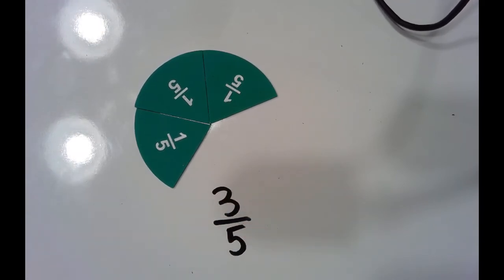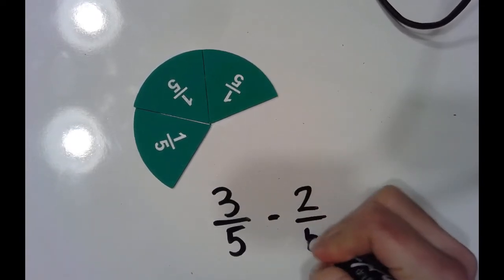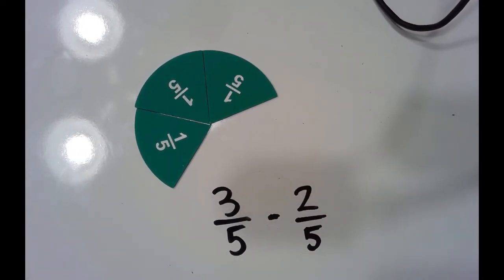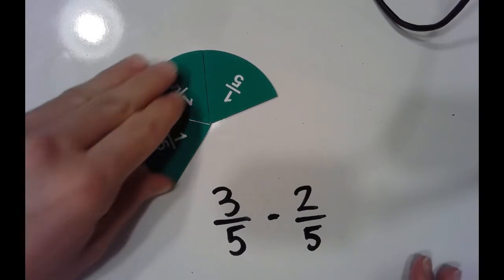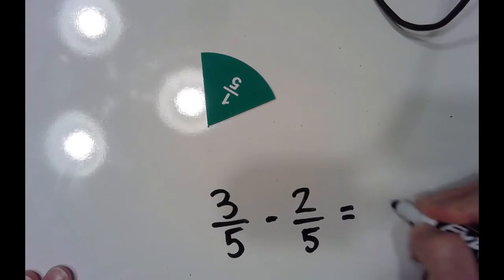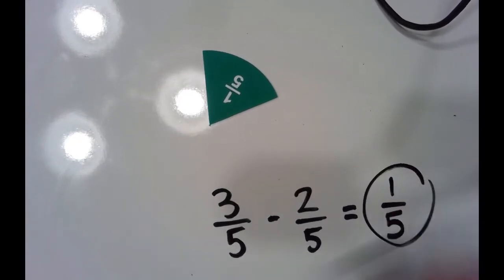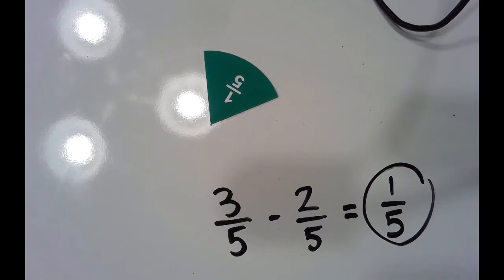And I was hungry, and so I ate 2/5. There were 3/5 there to begin with. I ate 2/5 of it. How many are left? 1/5 of the pie is left. I didn't have a whole pie to begin with.